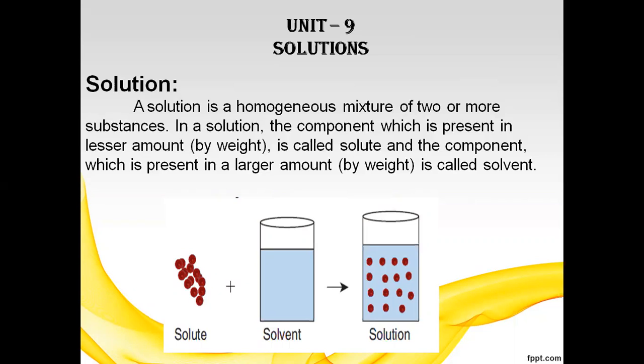The definition: a solution is a homogeneous mixture of two or more substances. In a solution, the component present in lesser amount is called the solute, and the component present in a larger amount is called the solvent.